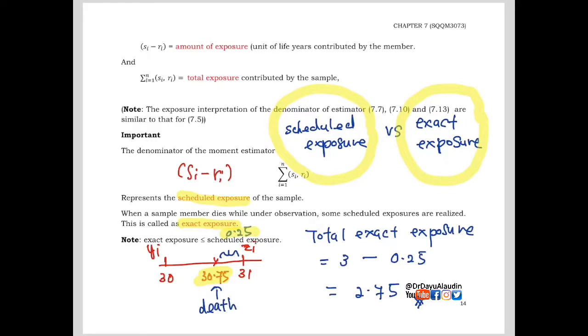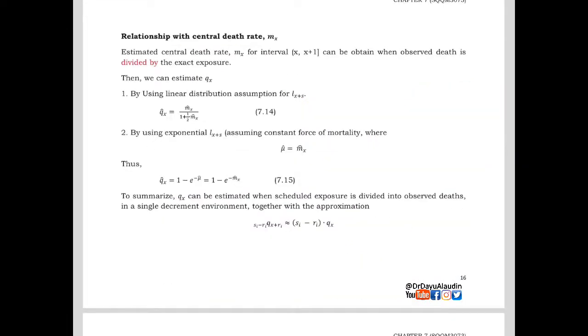For exact exposure, we take ZI at the time of death. For schedule, we take ZI at X plus 1. So this is for schedule and this is for exact exposure. You can read by yourself the relationship with central death rate.